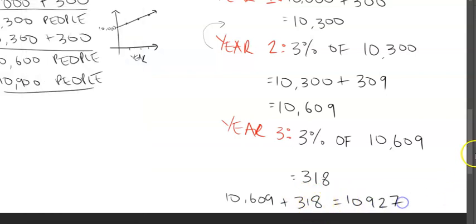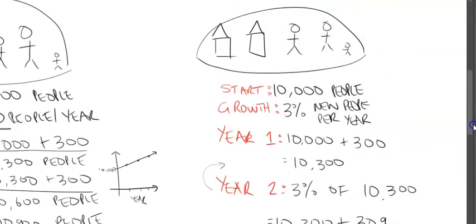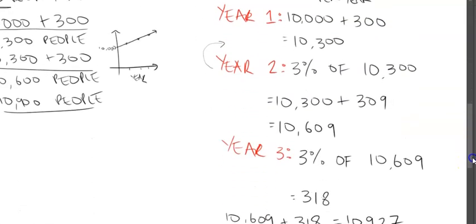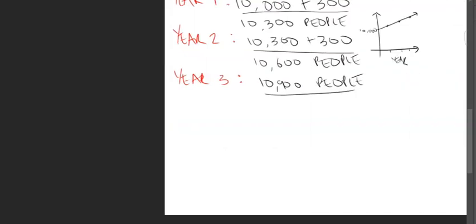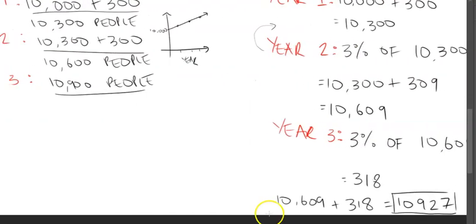Now, I know these examples seem arbitrary, but the main difference I wanted to show you is that if you compare the population of year 3 for Town B in comparison to year 3 for the first town, there's 27 more people.